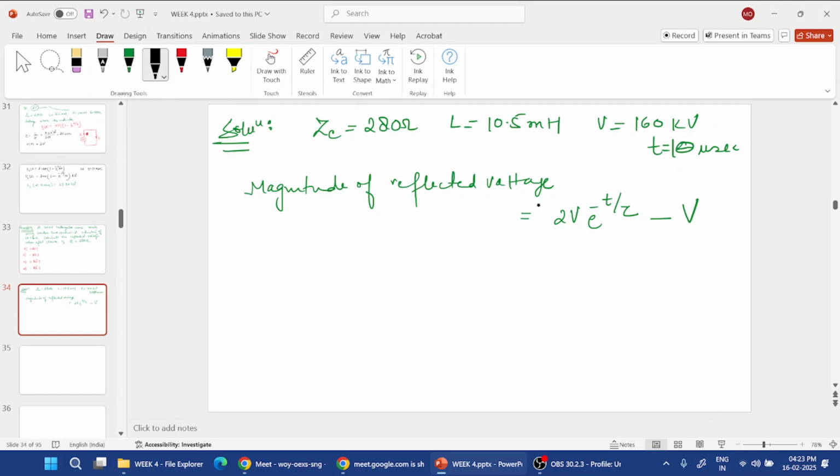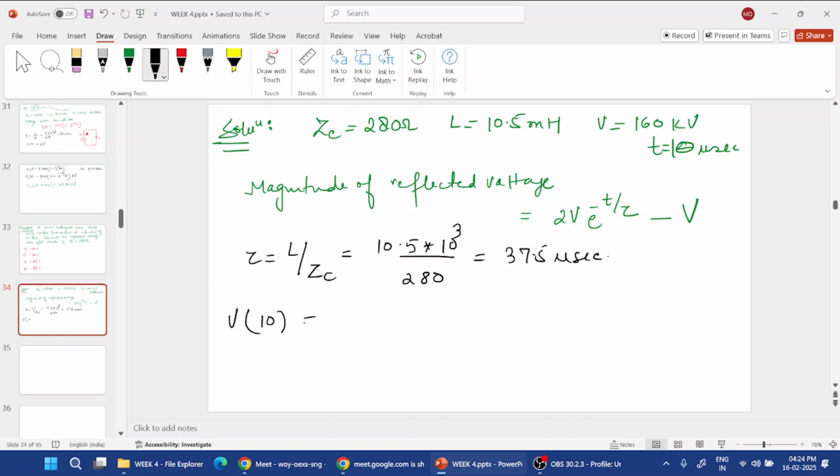So basically here tau is equal to L by ZC, 10.5 into 10 raised to the power minus 3 divided by 280. It will come out to be 37.5 microsecond. So we have to calculate the reflected voltage at 10 microseconds. So 2 into V is 160 into e to the power minus 10 divided by 37.5, minus 160.